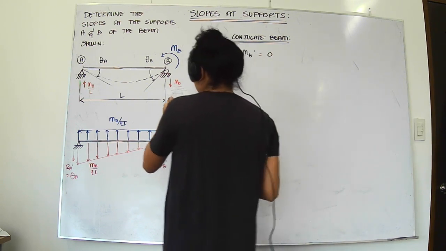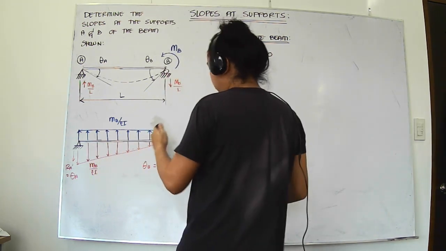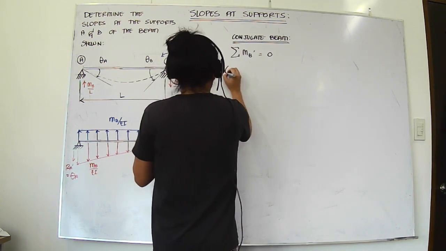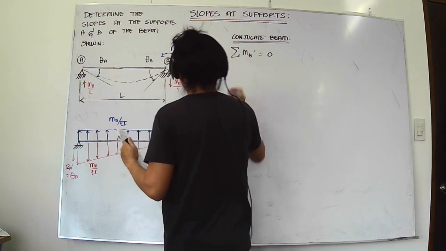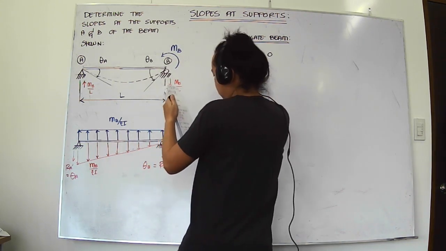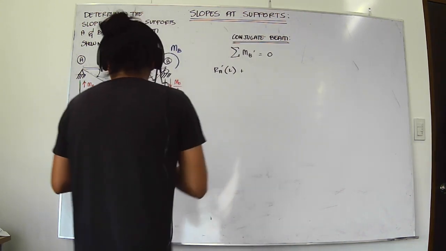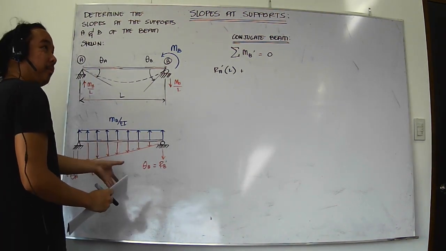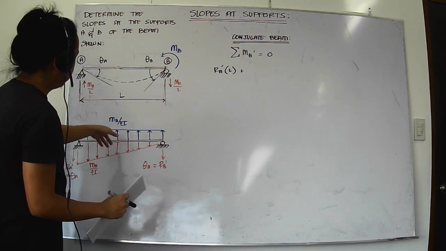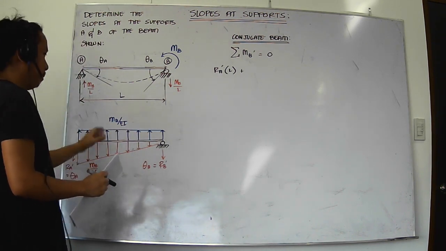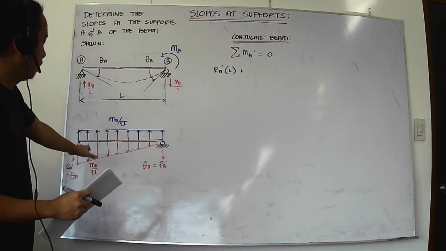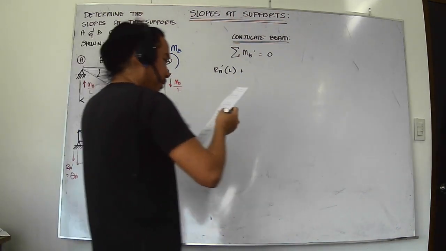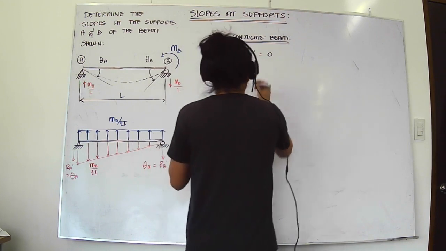RA multiplied by the length L. RA is counterclockwise, and this one in blue is clockwise. So we know where the equations are now.